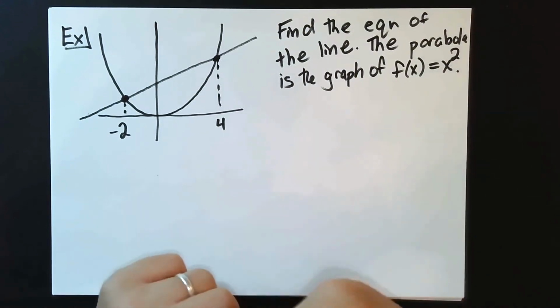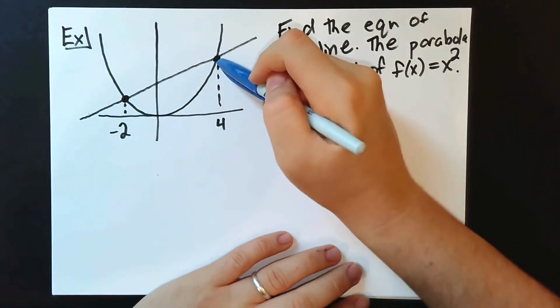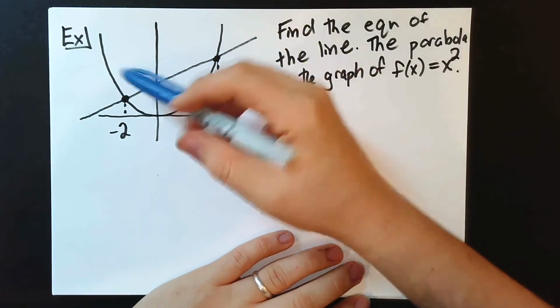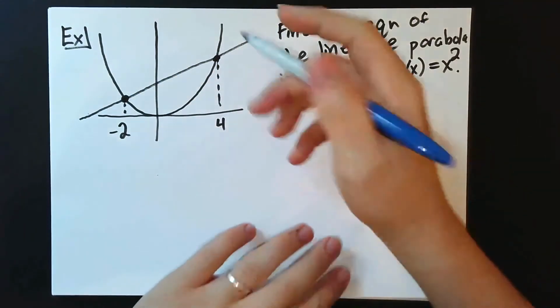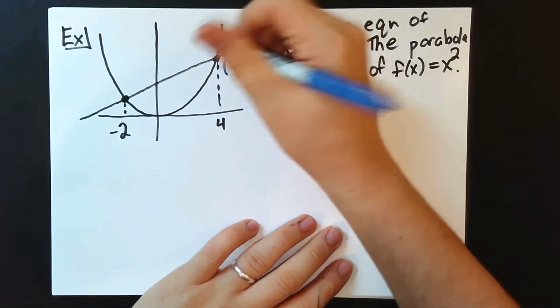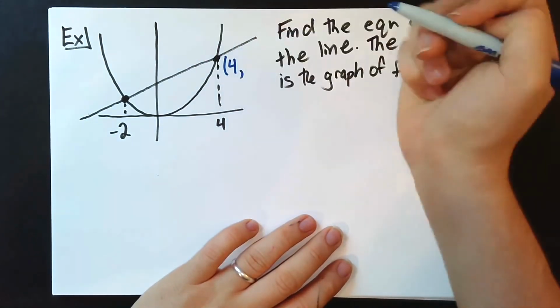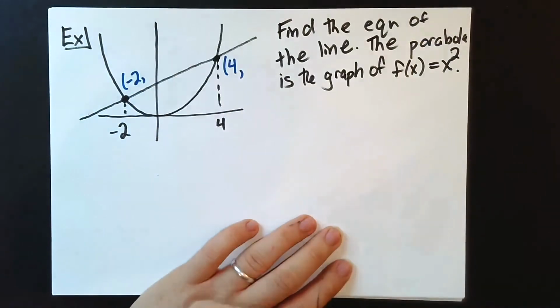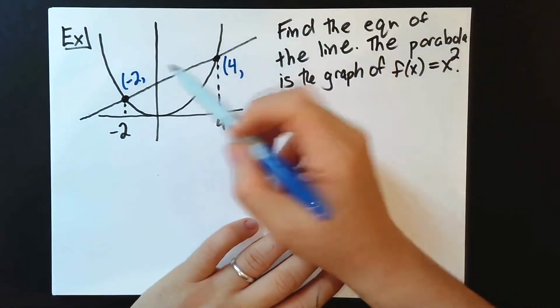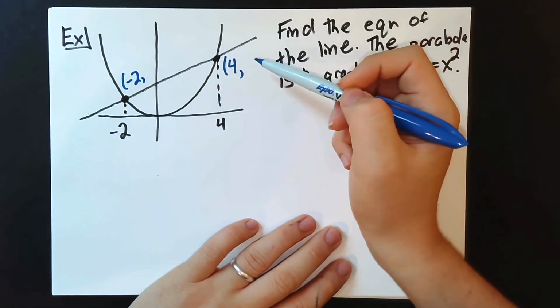Now, I see that I have 2 points on this line already, but I don't actually have their full coordinates. But what this is indicating to me is that the x-coordinate of this point is 4, and likewise the x-coordinate of this point is minus 2. So I only need to find the y-coordinates.